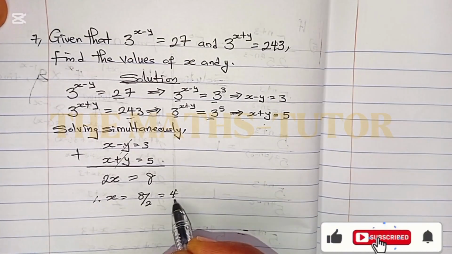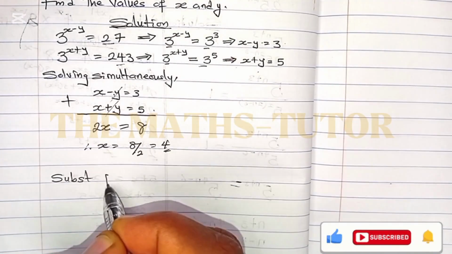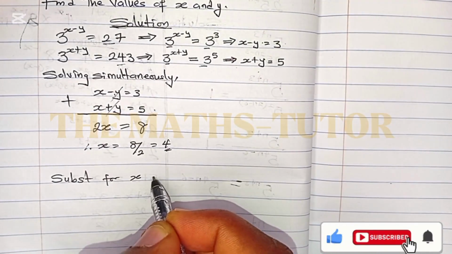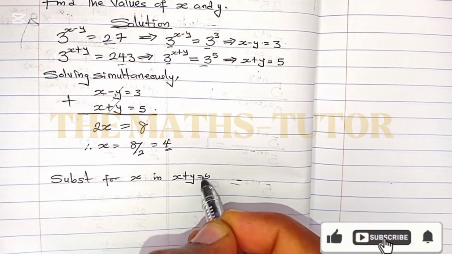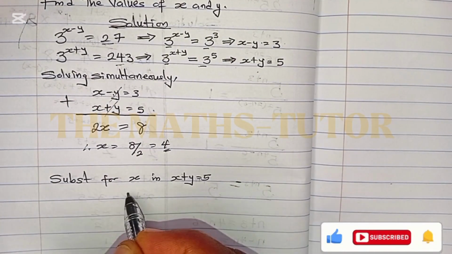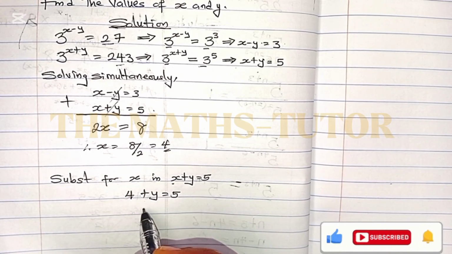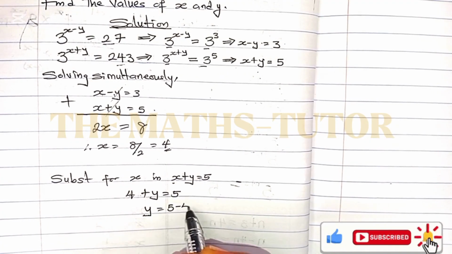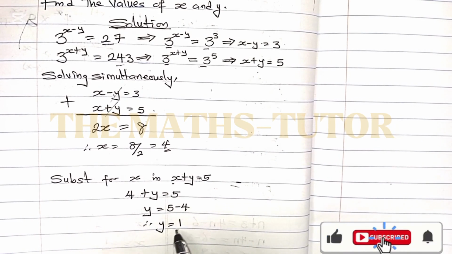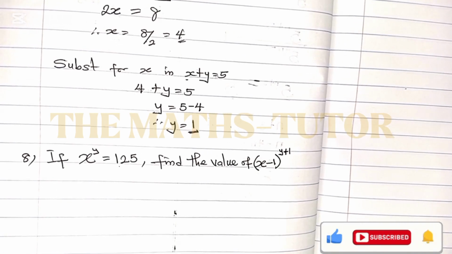And 3 plus 5 is 8. Dividing both sides, x equals 4. So I can substitute for 4 in any of the two equations given. So I'm choosing x plus y equals 5. I replace x with 4 and then I collect like terms. That means y equals 5 minus 4, y equals 1.